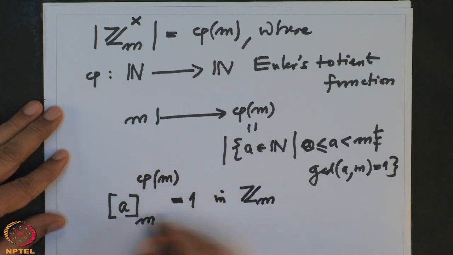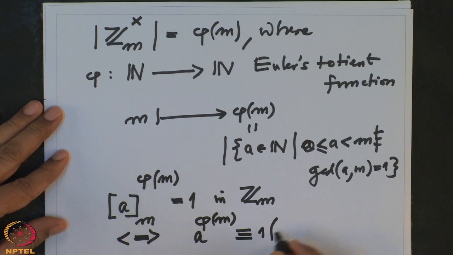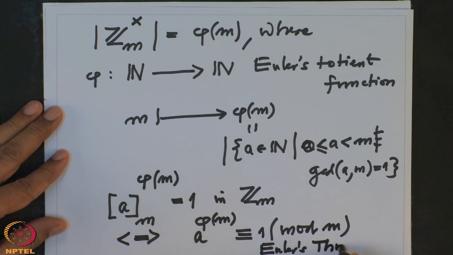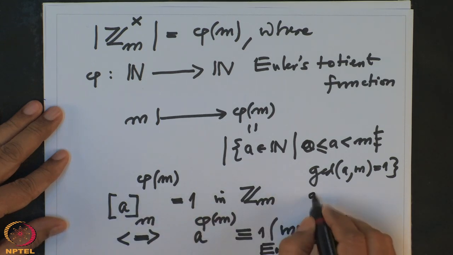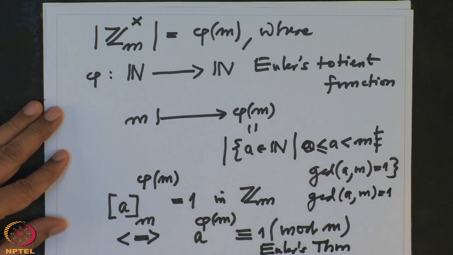This is equivalent to writing that a to the power phi m is congruent to 1 mod m. This is also called Euler's theorem, under the assumption that GCD of a and m is 1.